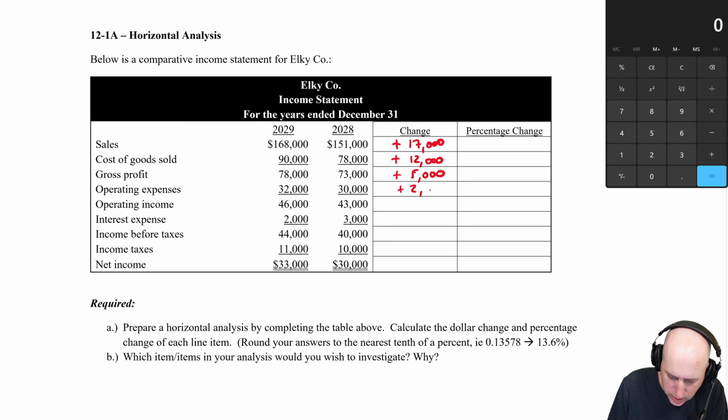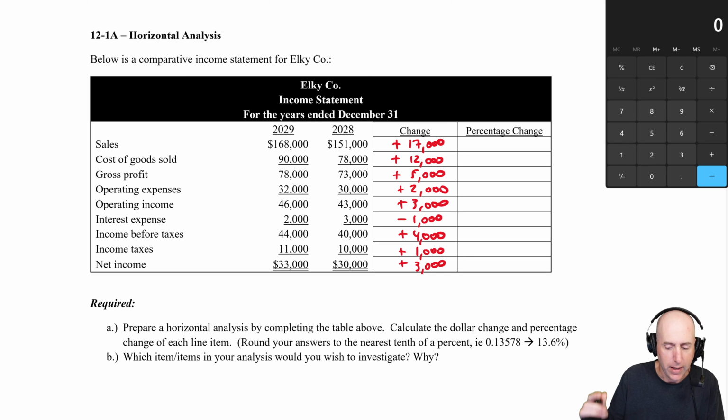Operating expenses are plus 2. Operating income plus 3. Interest expense down $1,000, minus 1. Income before tax up $4,000. Income taxes up $1,000, and our profit, our net income, looks like it's up $3,000.